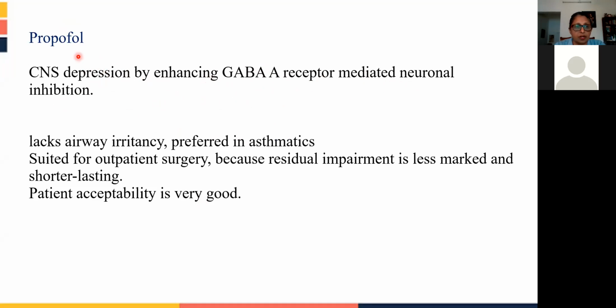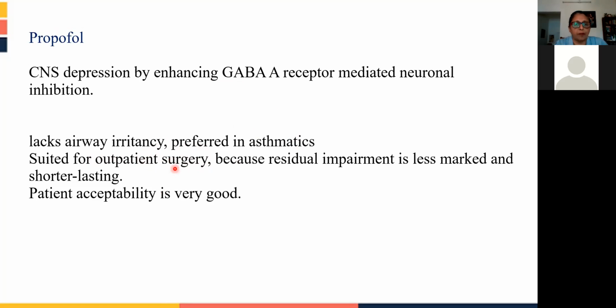I'll tell you that. Now coming to the important points, propofol is preferred in asthmatics because it won't produce any airway irritation. It is also preferred for OP surgery, some small surgeries, for example excision of a ganglion, or sutures, or any small lipomas.